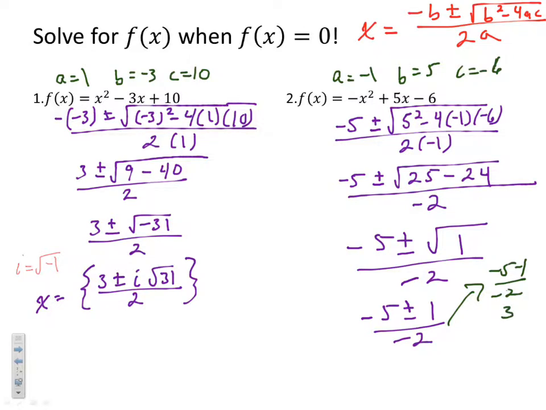And then the other one we're going to get is -5 plus 1 over -2, and that is going to equal -4 divided by -2, which is 2. So our solutions are x equals 2 and 3.